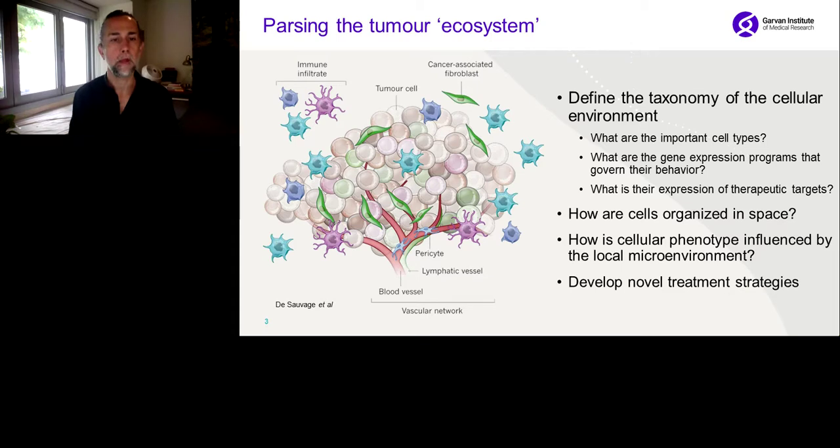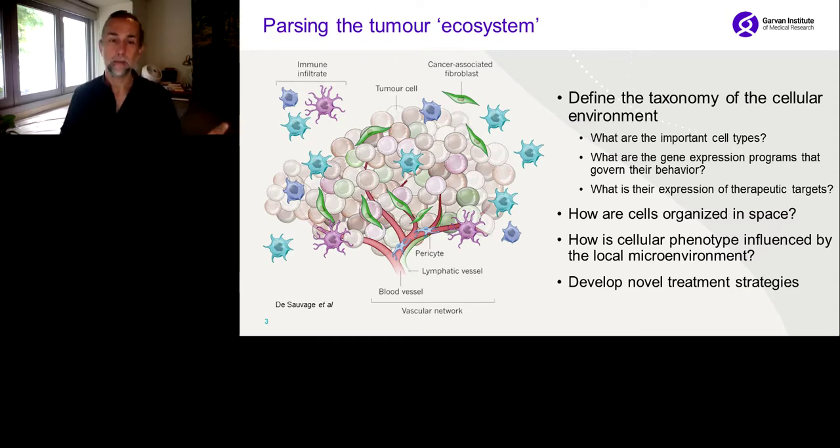Even though we have great histological and morphological definitions of cells, we have pretty shallow molecular definitions of cells. And so really our first challenge is to understand the cells that are present, which of them are important, what are the gene expression programs, the signaling pathways, and so on that govern their behavior. And finally, what's their expression of therapeutic targets? Because we need to know that if we aim to change their behavior, intervene.